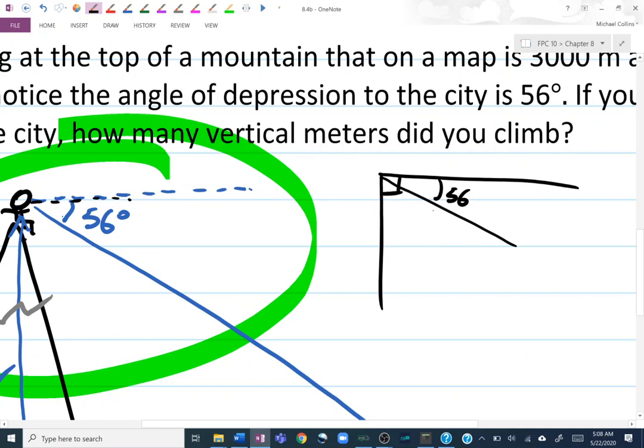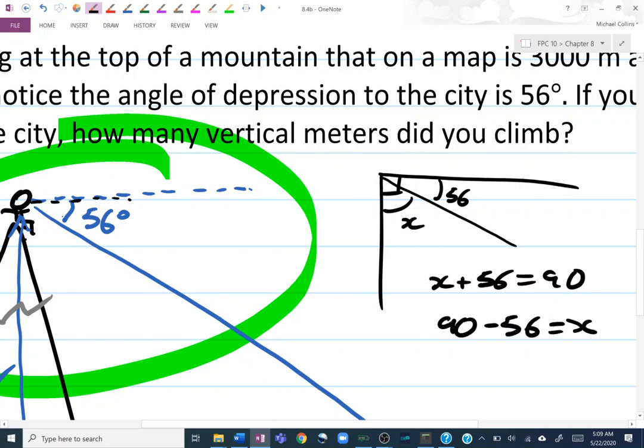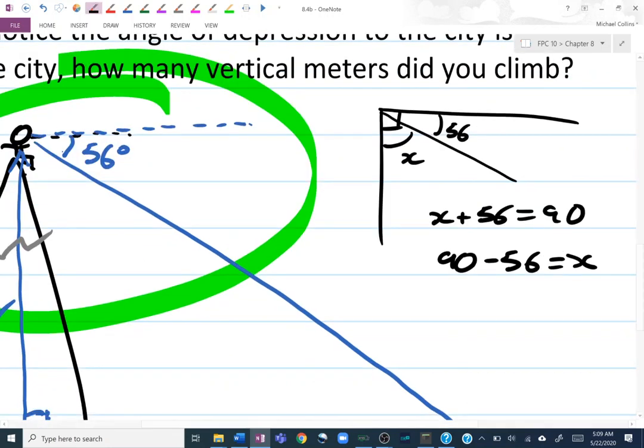So what plus 56 is equal to 90? And maybe I'll call this one an x. I know that x plus 56 has to equal 90 degrees. Therefore, 90 minus 56 is going to be equal to x, because I subtracted 56 from both sides.